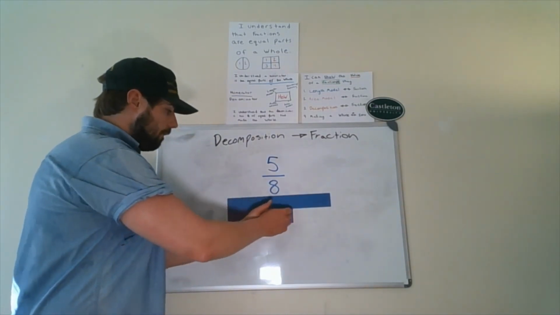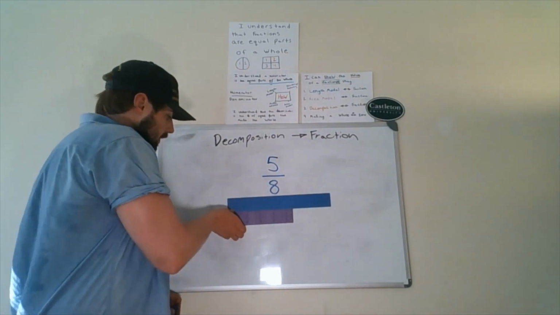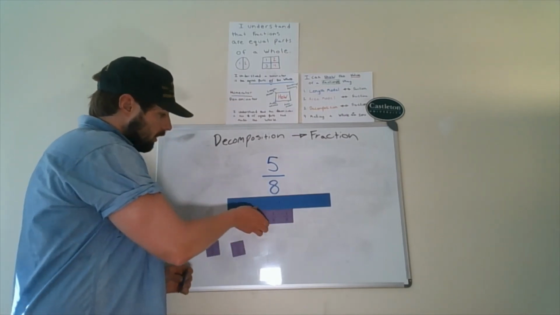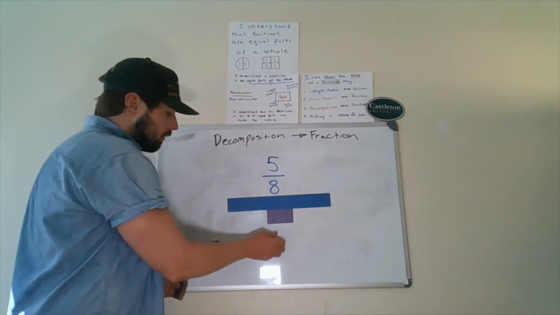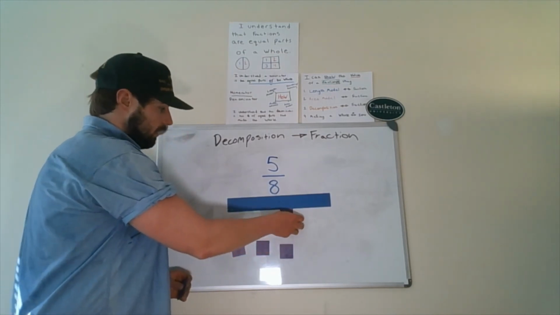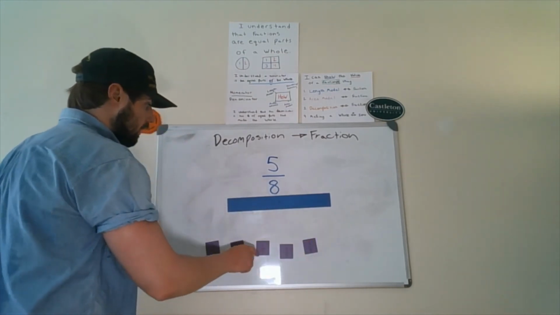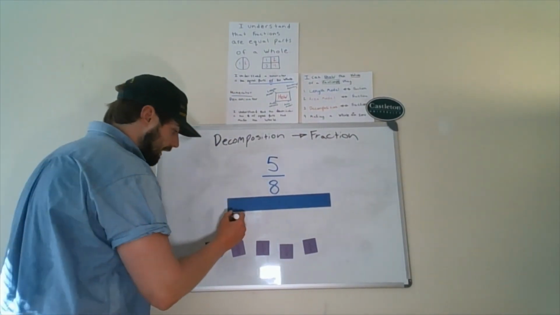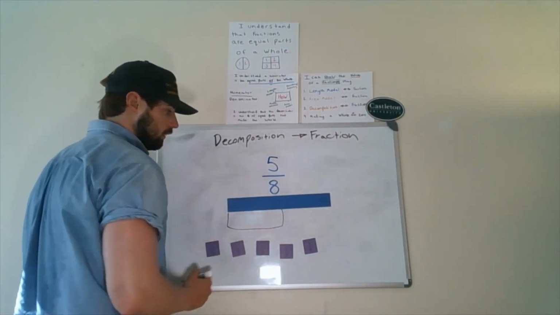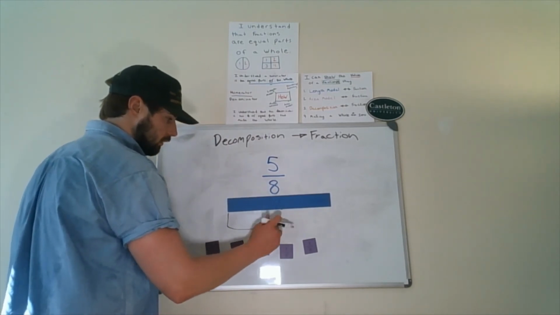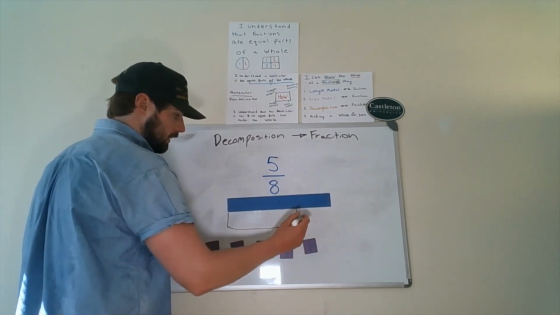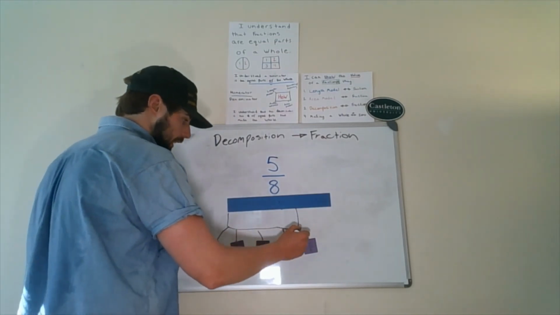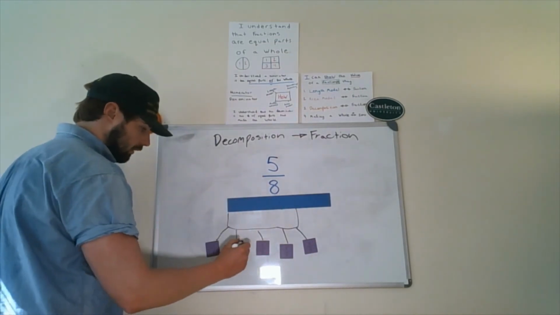All these partitioned eighths we can decompose into each individual part. Not that makes the whole, but that makes the 5/8. That 5/8 we had can be decomposed into its 5 parts.